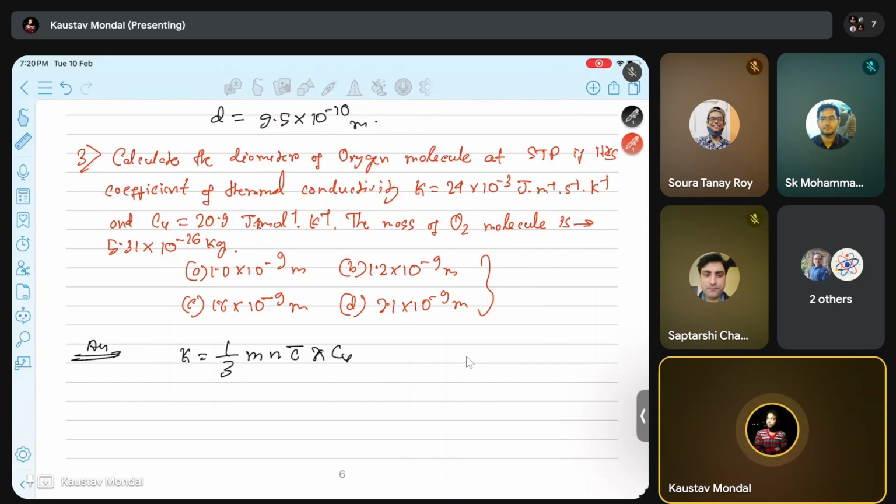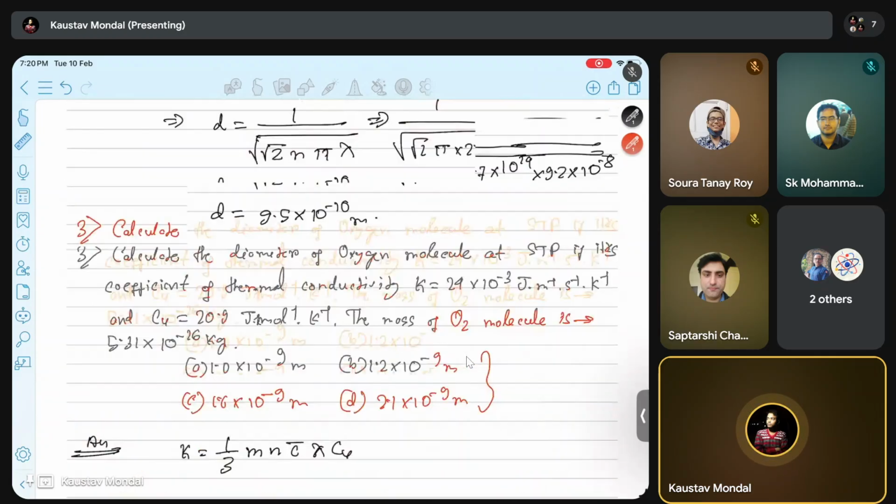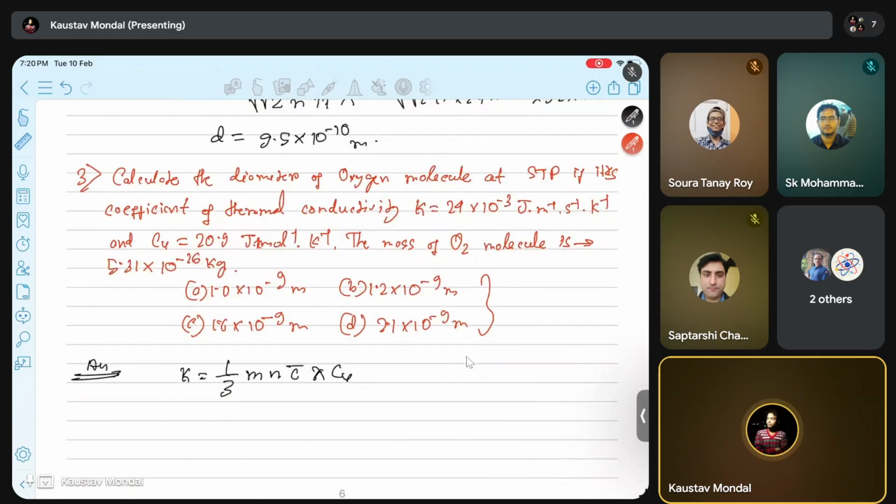Here you required because in the expression, this specific heat... So in the original expression, it was 1 by 3 m 1 by 3 n c bar lambda cvm.